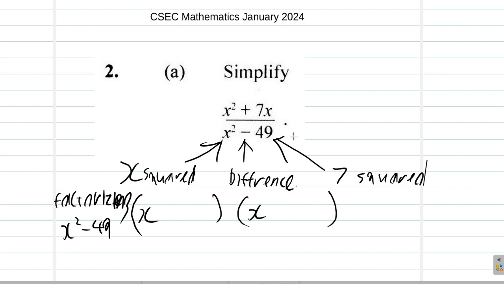Remember, x squared minus 49 is the same thing as x squared minus 7 squared. So you put 7 in the corner here, and 7 here. And then one bracket has a plus and one has a minus. If you multiply them out, you will see it gives you x squared minus 49. But that's how you go.